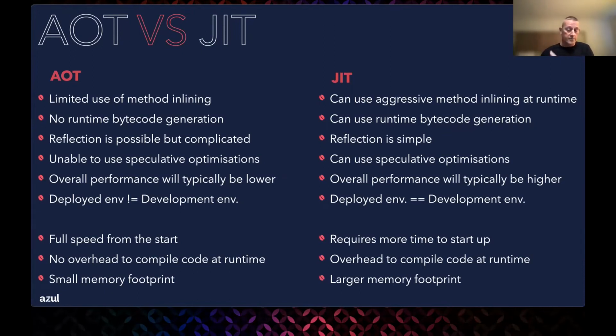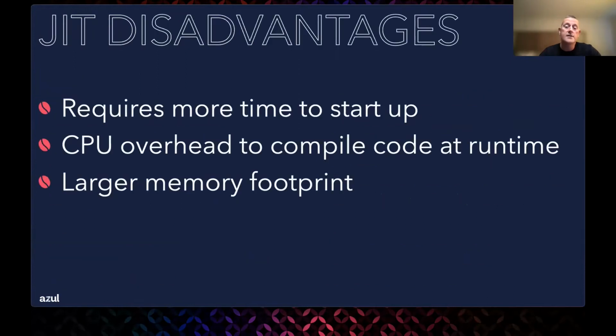They will be part of the whole thing, so it will be bigger. So the JIT disadvantages are more or less that it requires more time to start up, the CPU overhead to compile code at runtime is there, and it has a larger memory footprint.